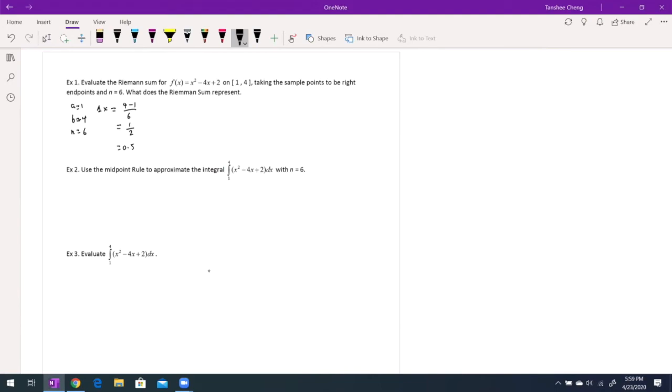And then we want to talk about the right endpoint. So the Riemann sum for the right endpoint, R of 6, will be the summation of i equal to 1 to 6 of the function f of x sub i times delta x.